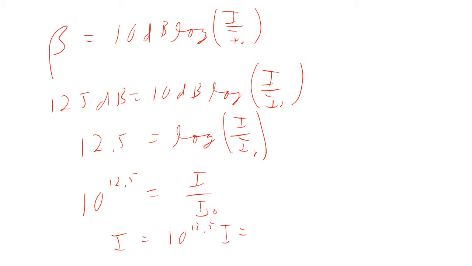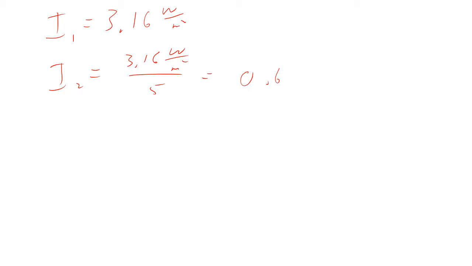If you multiply that out, that's 3.16 watts per square meter. So the initial power per area is 3.16 watts per square meter. The final power per area is going to be 1/5 of that, so 0.632 watts per square meter.